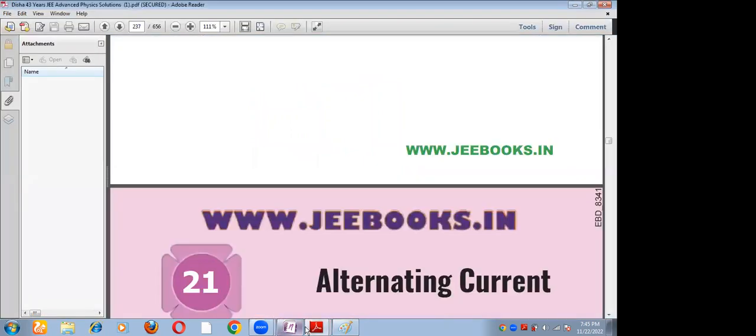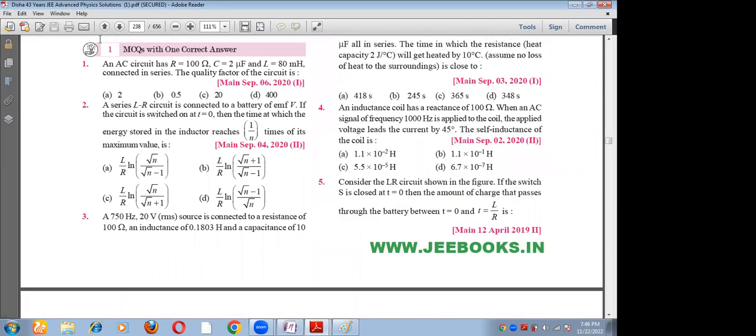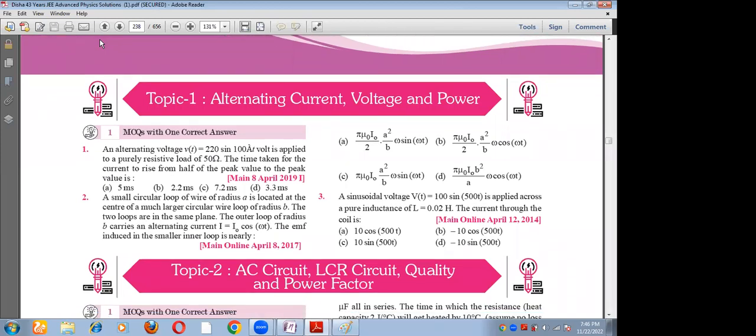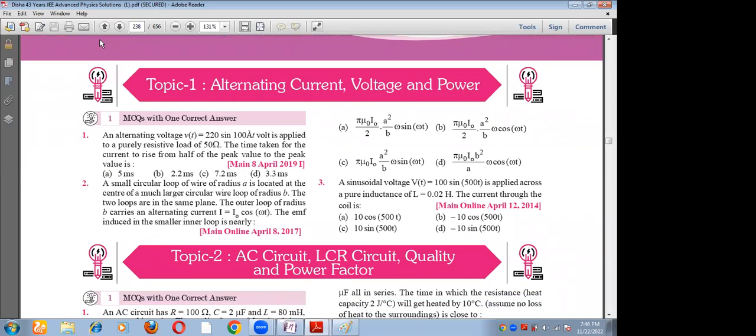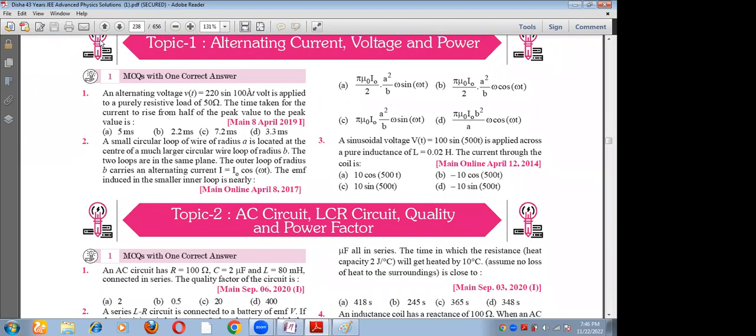So let us attempt some questions based on JEE. Calculate answer question number 1. Meanwhile you attempt question number 1. This is JEE Main 2019 question.